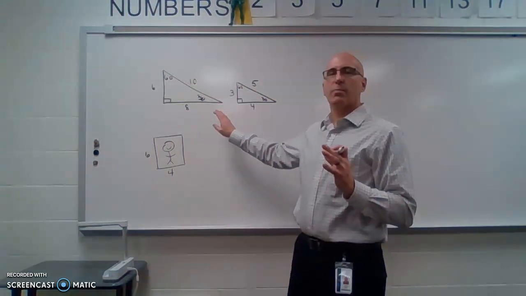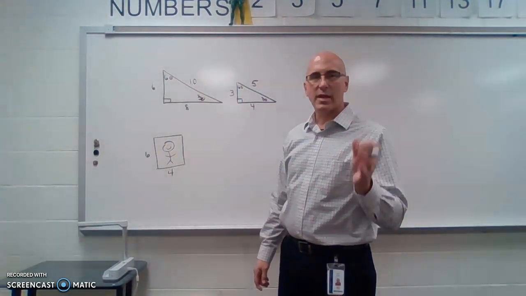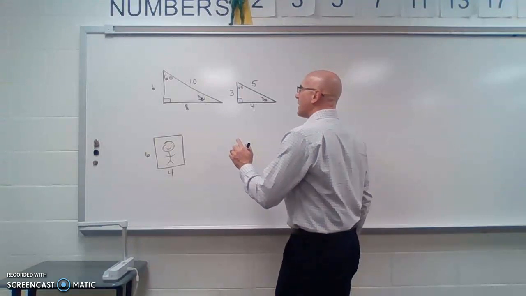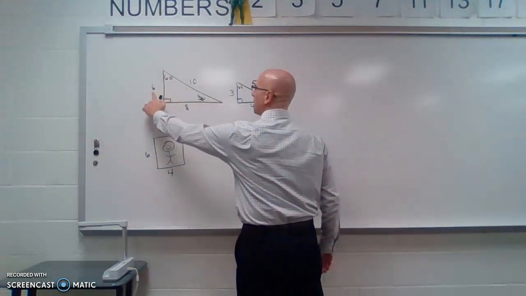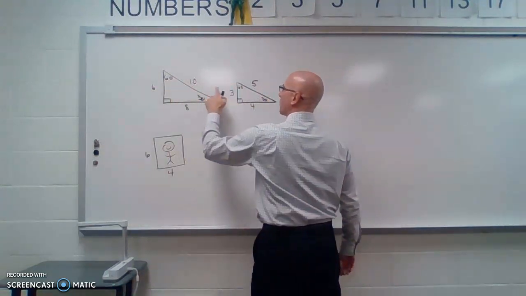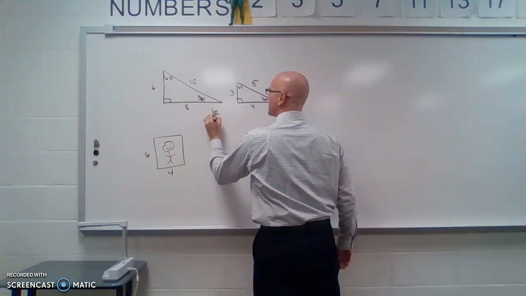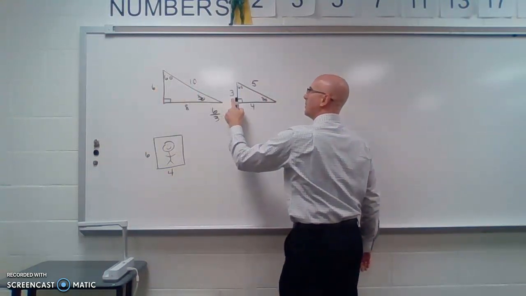Now, corresponding sides need to be proportional. So what does that mean? So if I was relating this triangle to this triangle, we have a set of corresponding sides. So I say 6 to 3.